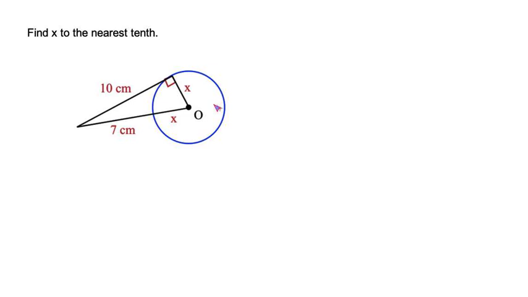So let's Pythagorize again. One leg of the triangle is x. Another leg of the triangle is 10. And the hypotenuse, we can call the hypotenuse 7 plus x, or x plus 7.